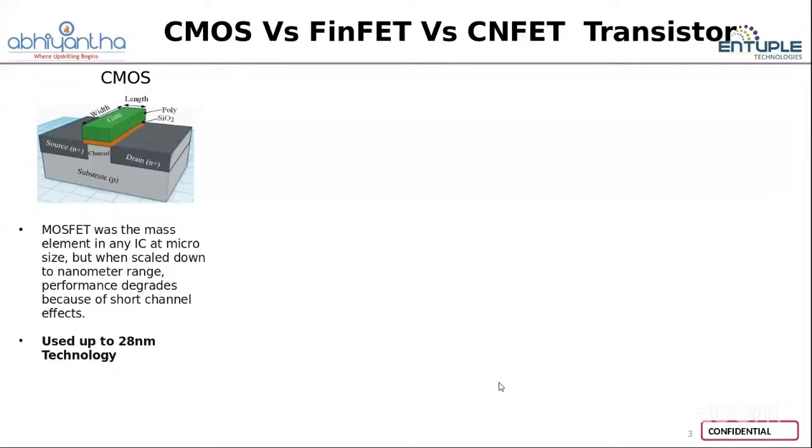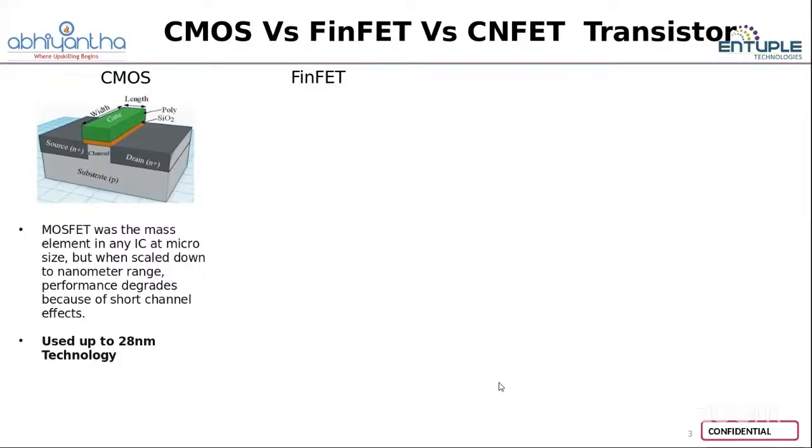But beyond 28 nanometer, the device is not able to withstand the lower technology nodes because of the high speed of operation. Due to this, a huge amount of power dissipation happens, which appears as heat and damages the ICs.